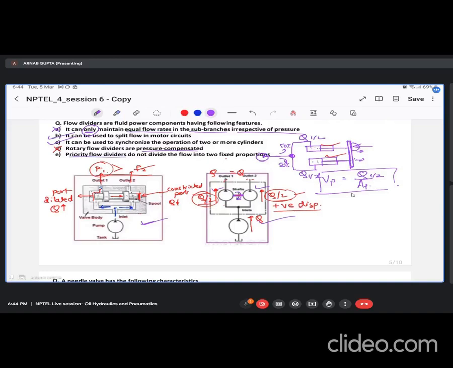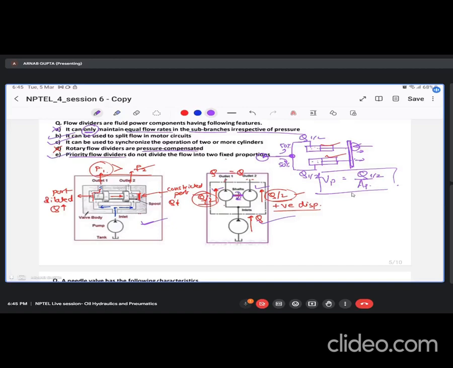It is designed so that one particular branch will receive the main flow, or a certain amount of flow, and once that is completed, the remaining amount is distributed to the other sub branches. That is why we call it a priority flow divider. So it is again a correct option.